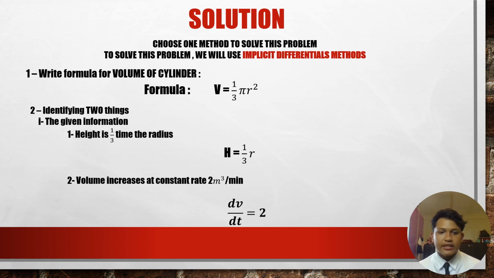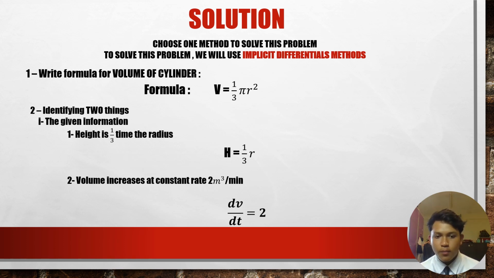Okay guys, the solution. We choose one method to solve this problem. We will use the implicit differentiation method. First, we need to write the formula for the volume of the cylinder, which is 1/3 pi r squared h. Number 2, we need to identify the given information.